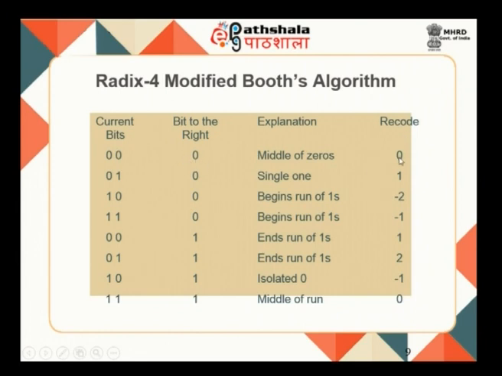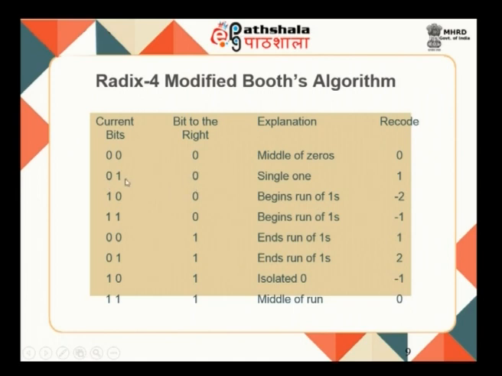So the recoded value is just zero, which will happen when you have a sequence of zeros. Now when you have something like 0 1 0, you look at a 0 to 1 transition and a 1 to 0 transition. A 0 to 1 transition is coded as a negative operation and a 1 to 0 transition is coded as a positive operation.